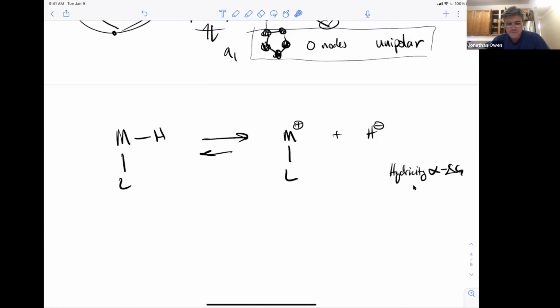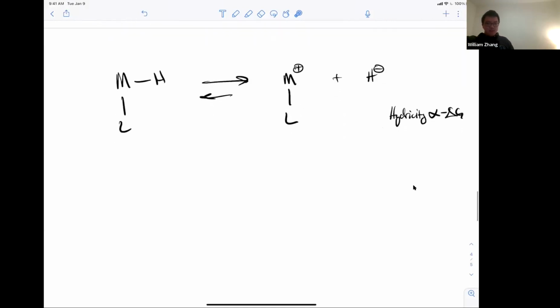So the hydricity is a measure of the electron density around that metal center and the electropositivity of that metal center. And that follows for the phosphines also, like if we had a halide phosphine versus a benzyl phosphine. Yeah. Or how about, let's consider these ones here.